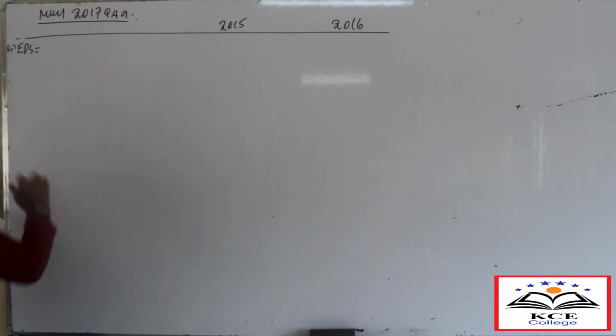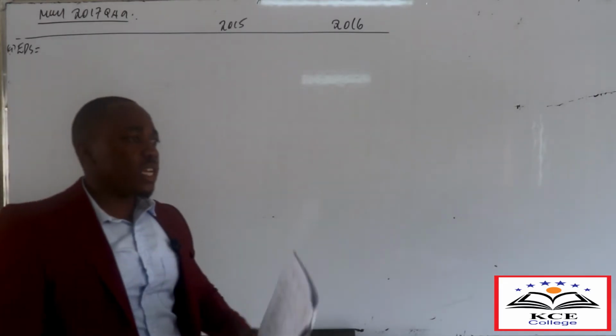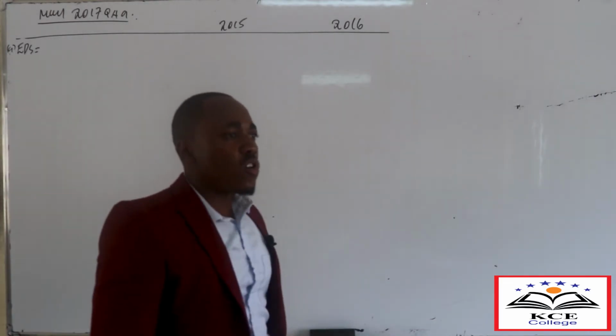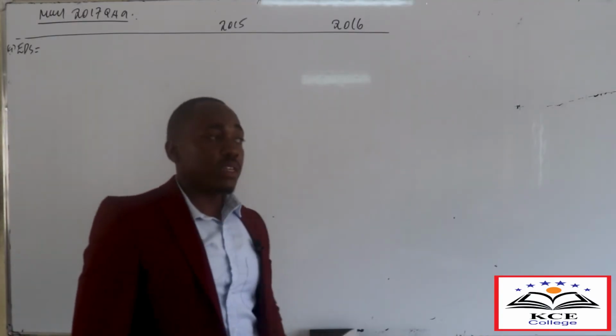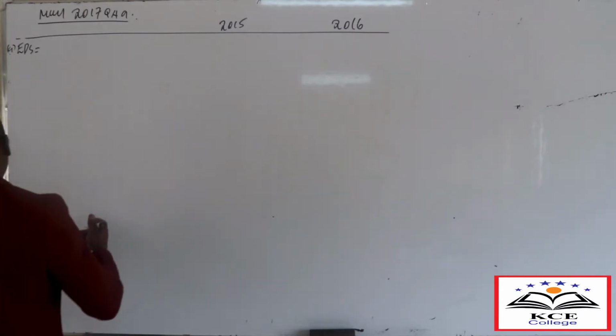How do we get the earnings per share? To get the earnings per share, you take the profit attributable to ordinary shareholders, that's the profit after tax, minus the preferred dividend, then you divide by the number of ordinary shares.